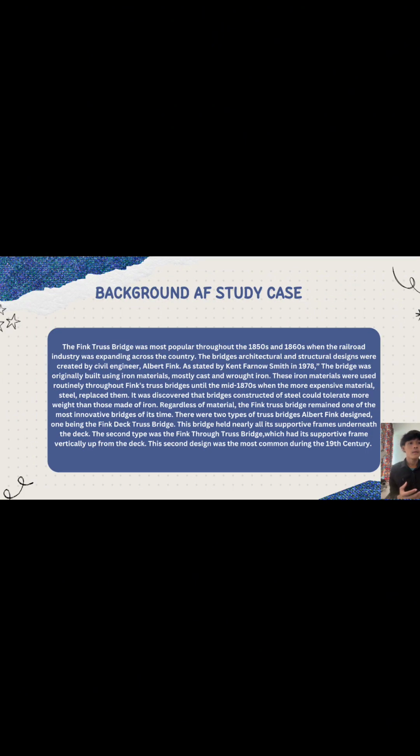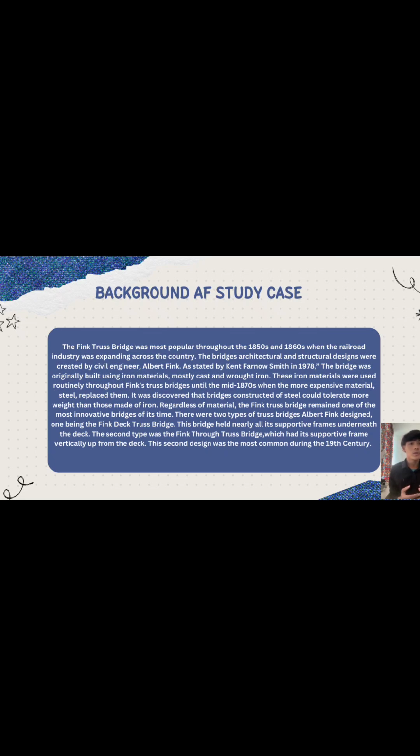Okay, next for the background of the case study. The Fink Truss Bridge was most popular throughout the 1850s to 1916 when the railroad industry was expanding across the country. The bridge's architectural and structural design were created by civil engineer Albert Fink, as stated by Kenneth Smith in 1978. The bridge was originally built using iron material, mostly cast and wrought iron.